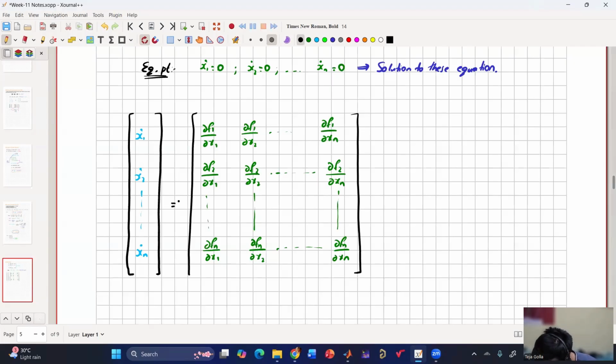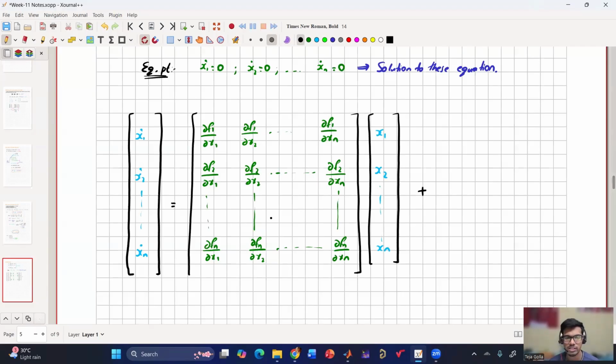So this is equal to this into x1, x2, up to xn, plus, similarly, the B matrix. Now we will be differentiating with respect to U. Say if it is a single input, again we'll have one column. If it is multi input, then we'll have multiple columns.